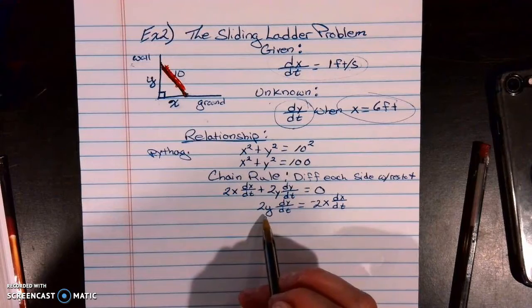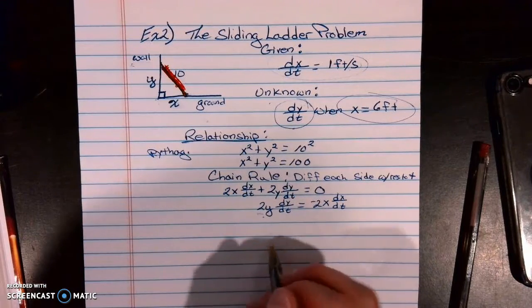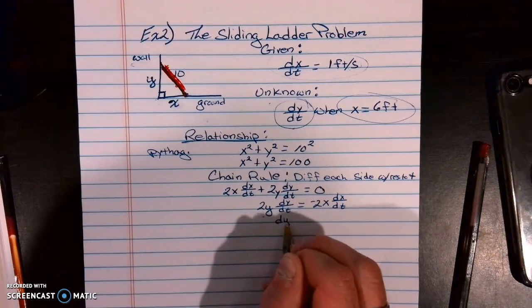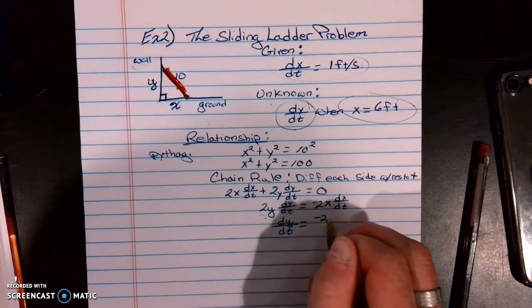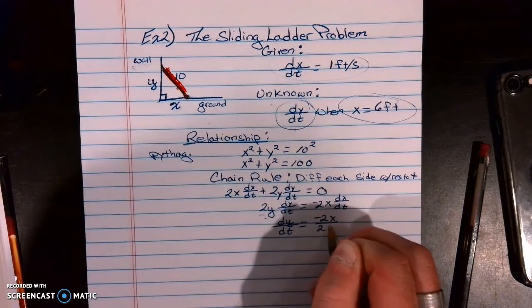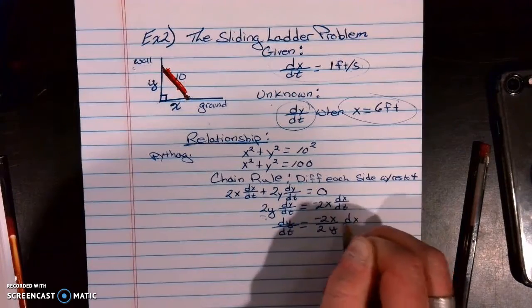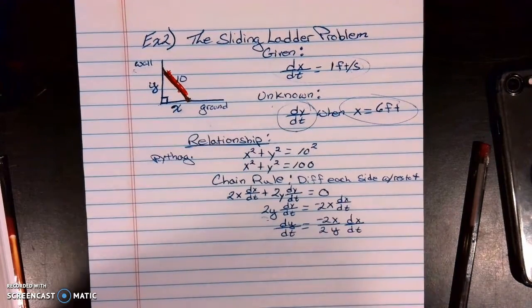And now I'm going to divide both sides by 2y, and when I do that, I get dy/dt equals negative 2x divided by 2y times dx/dt.